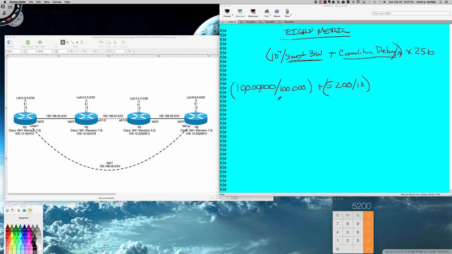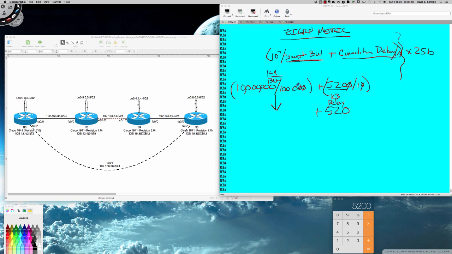So let's go ahead and see. We'll deal with the left-hand side of the equation first. So right here, pretty easy, right? We just drop the zeros out, so we end up with 520. So our delay K3 value is going to be 520. What about our K1 bandwidth value?